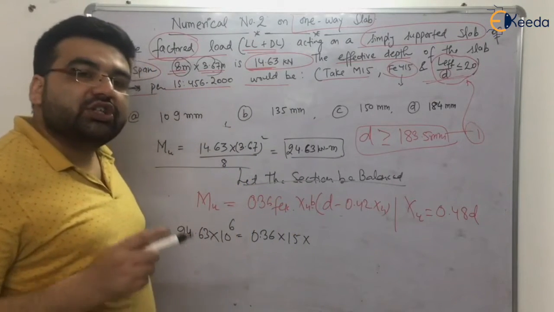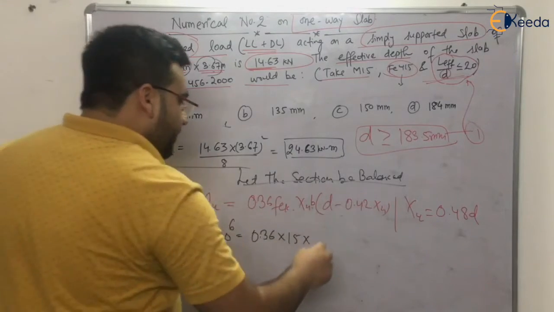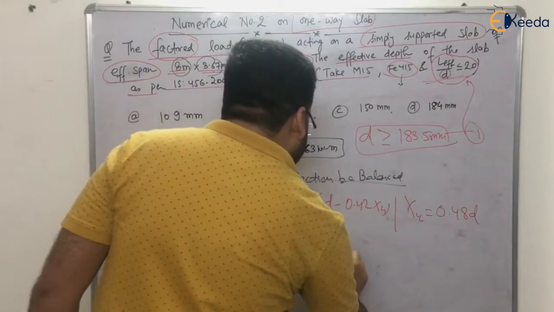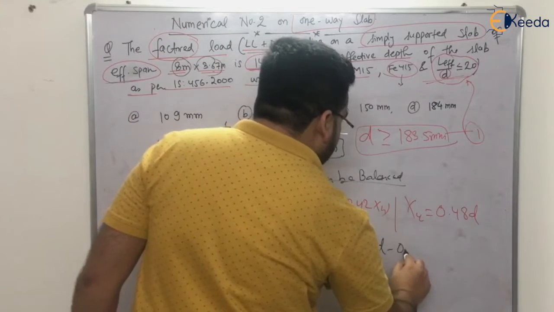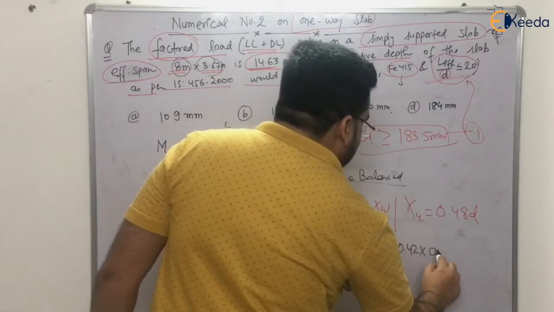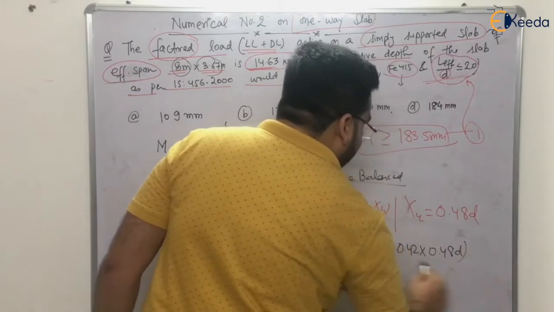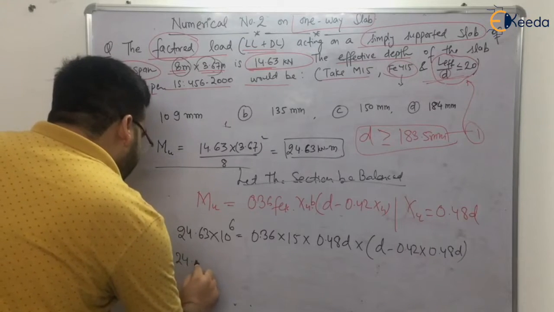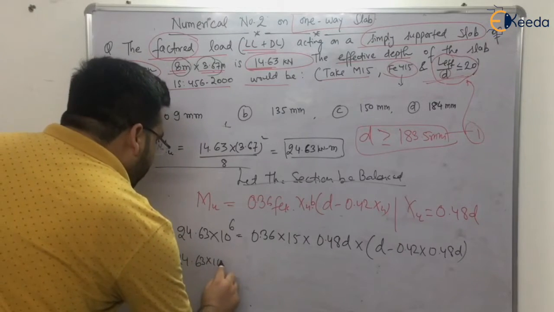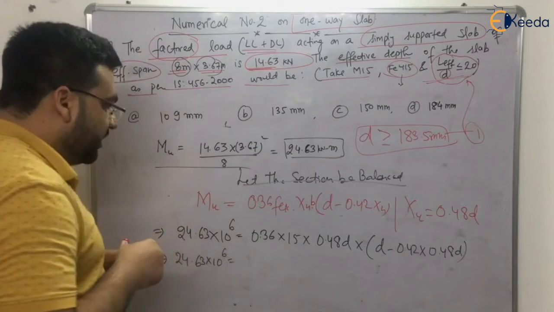XU is how much? 0.48 into D, right? So 0.48 into D into, in bracket, D minus 0.42 into 0.48 into D. Clear? So it will be equal to 24.63 into 10 raised to power 6.